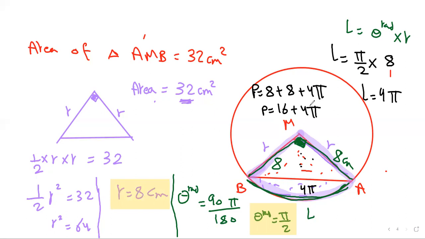You can click SD to find the perimeter in decimals, in centimeters. It's 28.5 centimeters. I hope you enjoyed this session. Okay, see you next time.